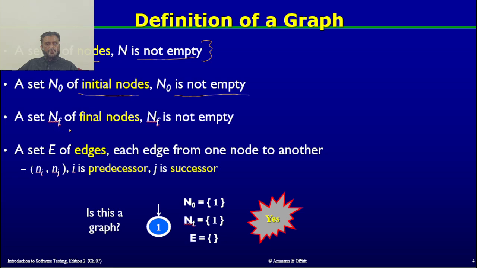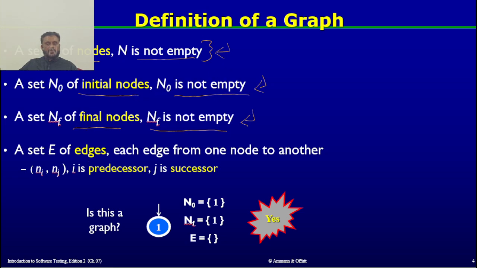It must also have a set of final nodes, which must not be empty either. So these are the constraints on the graph: it must have one or more initial nodes, one or more final nodes, and a set of nodes which must not be empty.